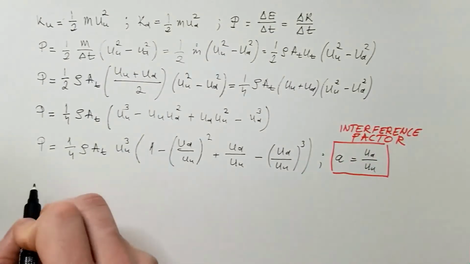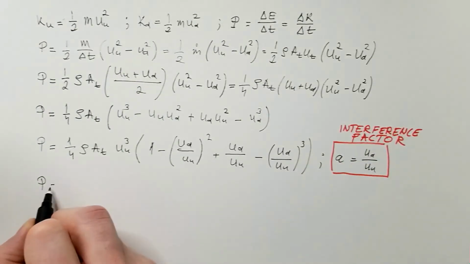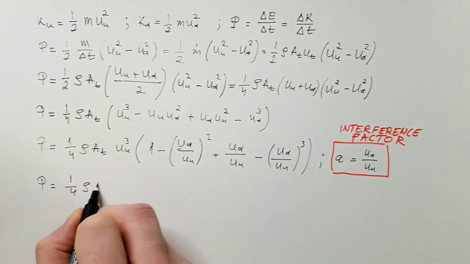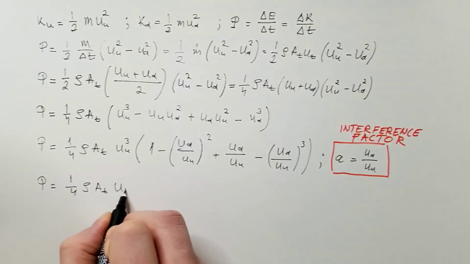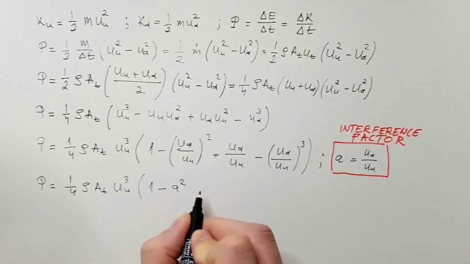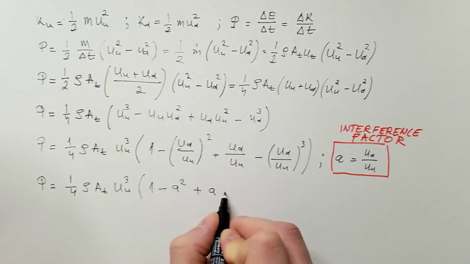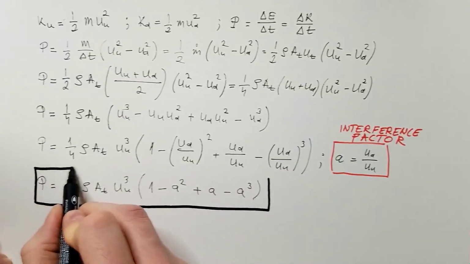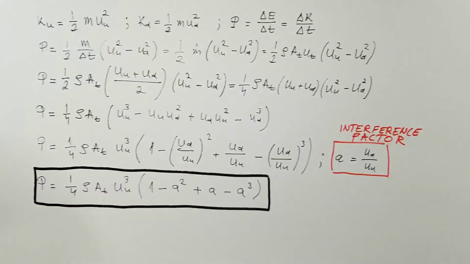With this interference factor, my power equation becomes 1 over 4 rho A_T U upstream cubed, 1 minus a squared plus a minus a cubed. And this is also a very important result because this gives us power extracted by our wind turbine based on the ratio of upstream to downstream wind speeds.